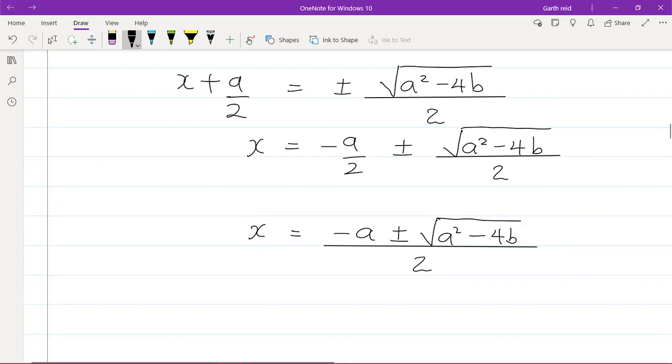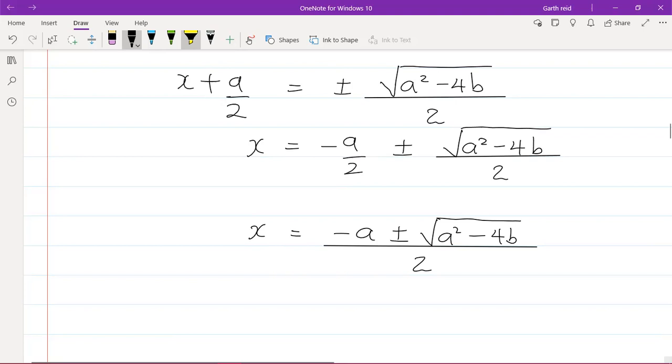Excellent. Now this looks a lot like the quadratic formula, right? So this equation here is indeed the solution to the quadratic that was given to us, x squared plus ax plus b. All right.